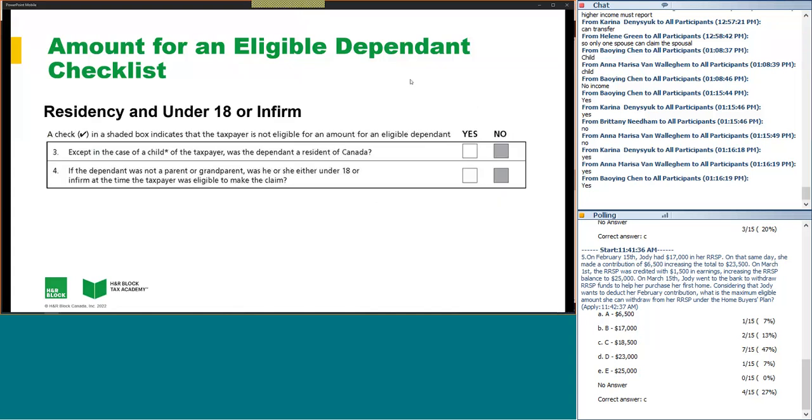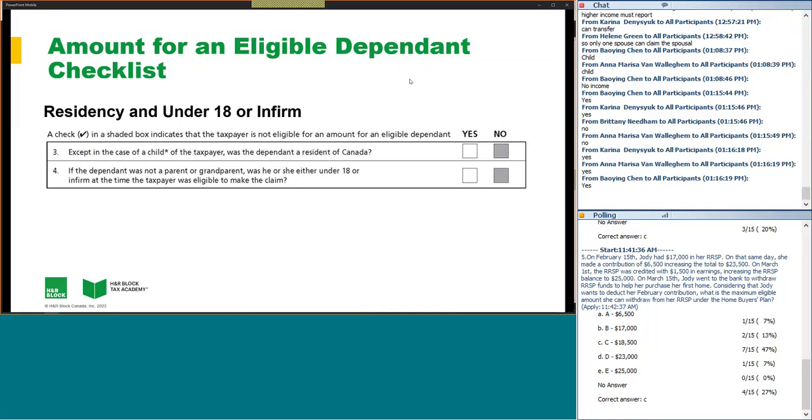Okay. Moving on. So now we're looking at a specific dependent. The dependent must be resident of Canada, except if they're a child. If they're a child, they don't have to be. Everybody else has to be resident in Canada. So remember I said at the very beginning, sometimes relationship matters. We've seen that relationship matters here. Sometimes residency matters. Here's a situation where residency matters, except for children. So the child does not have to be resident, but everybody else does.